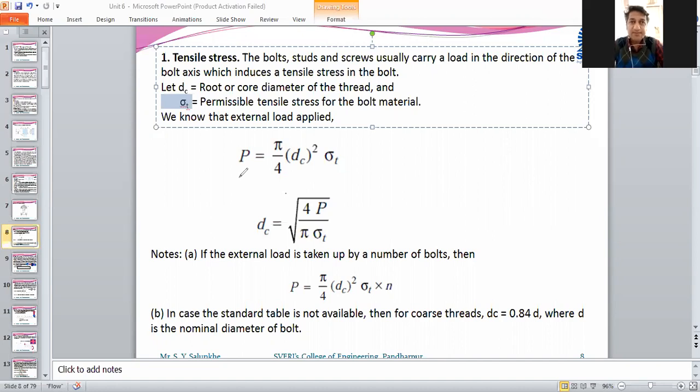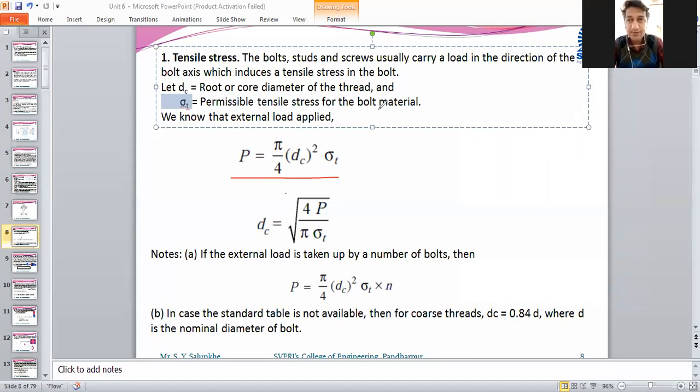To calculate this, we consider the core diameter, that is, the inner diameter. OK, the minor diameter, that you can say as the core diameter also, has been considered. Why? Let me know. Can anybody of you write in this chat box?